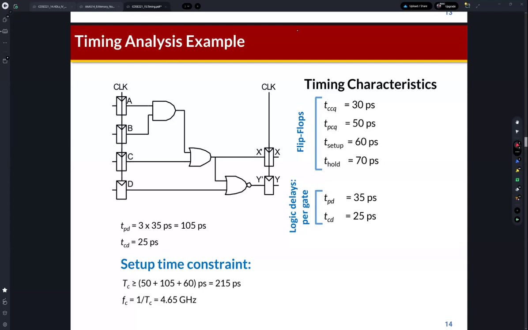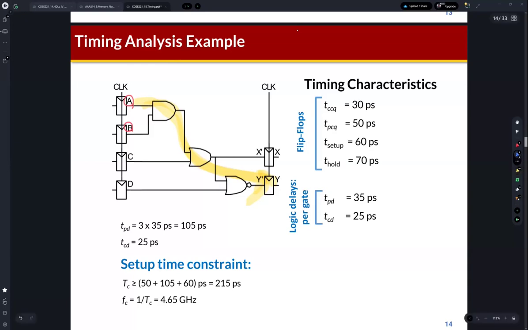So what is the critical path for this circuit? This path includes 3 logic gates, which means this path determines the maximum delay of this circuit, right? Then we can calculate the maximum delay.